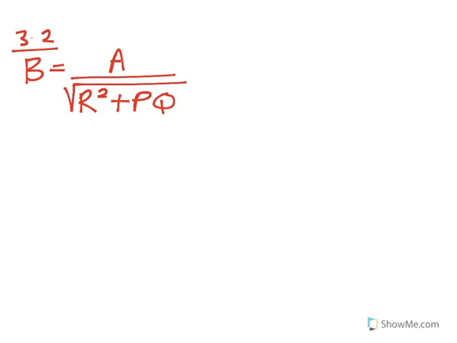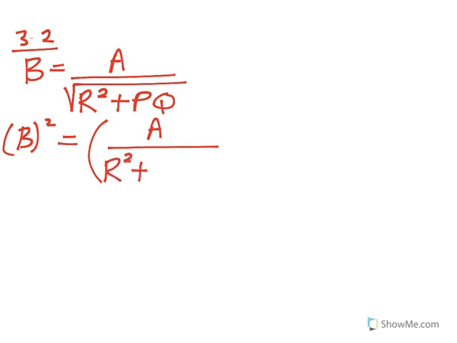Now the first concept that you must always remember is that to get rid of a square root you must square, and whatever you do on the left you do on the right. So we can say B squared is equal to A over the square root of R squared plus PQ, squared.